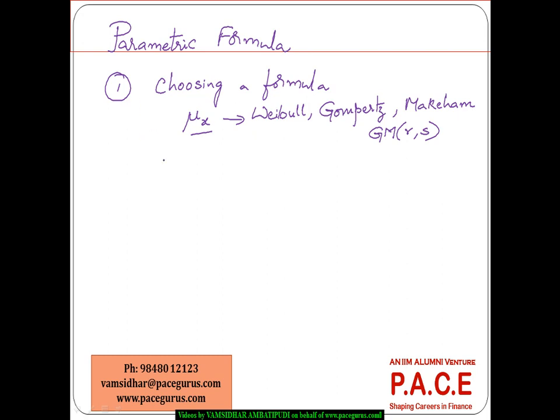And once I have used a formula, I can get into the estimation of the parameters used. I can use a mathematical or statistical technique to estimate the parameters. Either I can use the least squares or error minimization mechanism, or likelihood maximization mechanism.